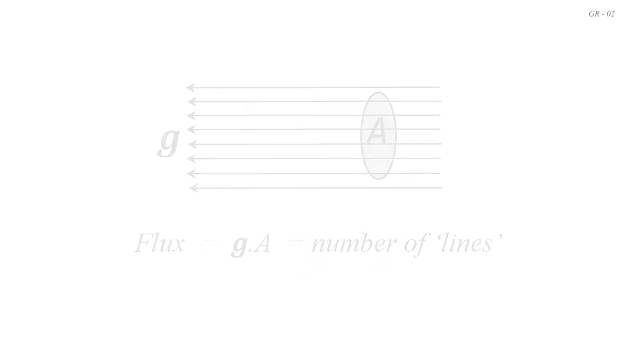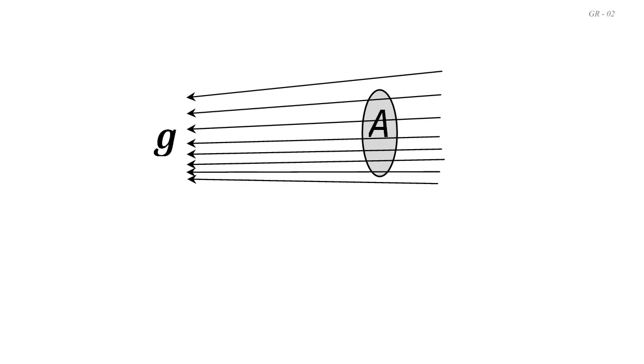Obviously, if the field is not uniform, but rather different in different places, varying in both size, closeness of lines and direction, and perhaps if the area were at some different angle, then in order to find the flux through the area, we would need to do an integration of g over the area like this, where this double integral sign represents the integration over both of the two dimensions of the area A.